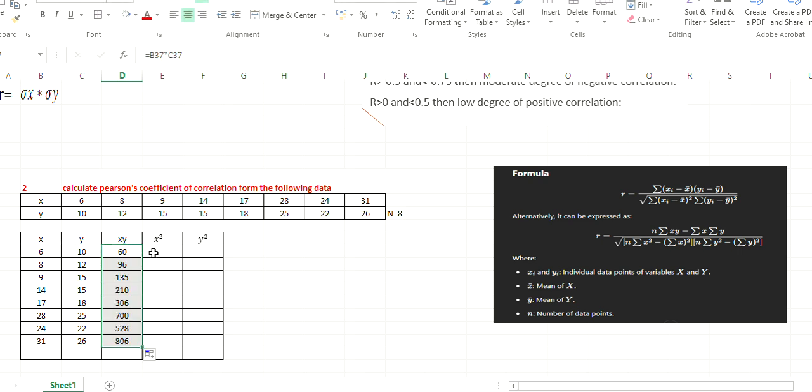Done. Next, x square. What is x square? That is the power of x. So this equals this into this itself. That becomes x square. Just drag and drop it.